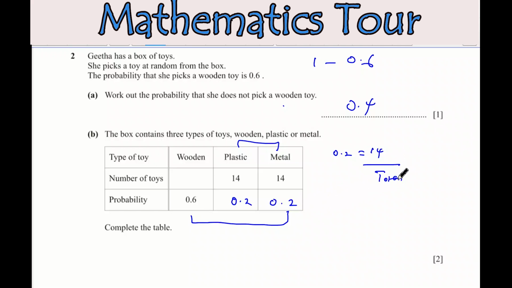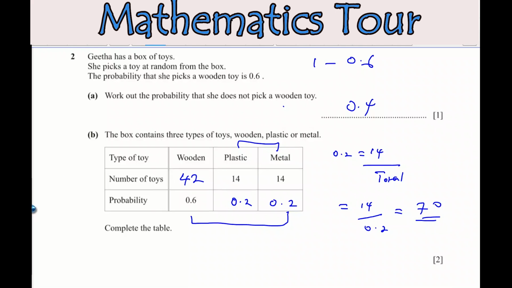If you make the total the subject of the formula, the total will be equal to 14 divided by 0.2, which gives you 70. From here we can subtract 14 and subtract 14 again, that is subtract 28 from 70, which gives you 42. So that means the wooden toys are 42.